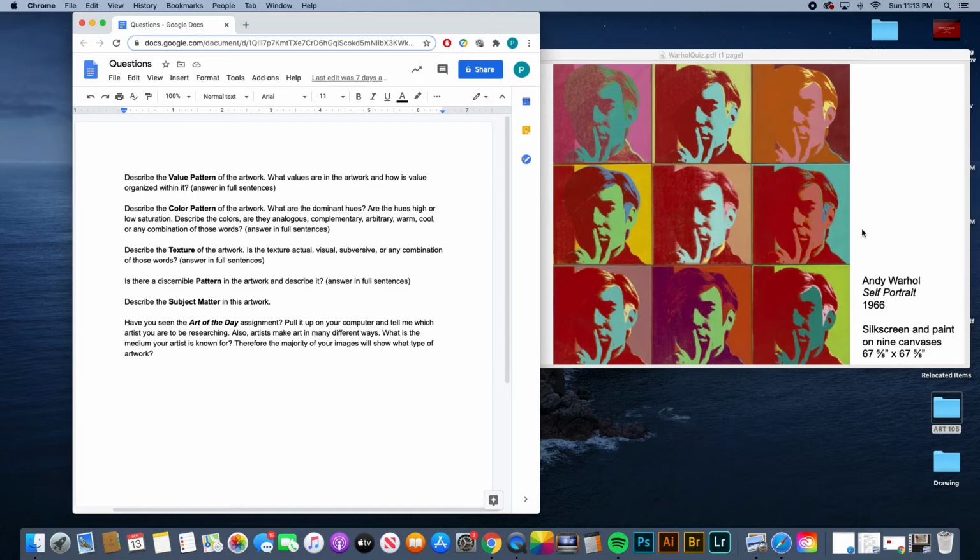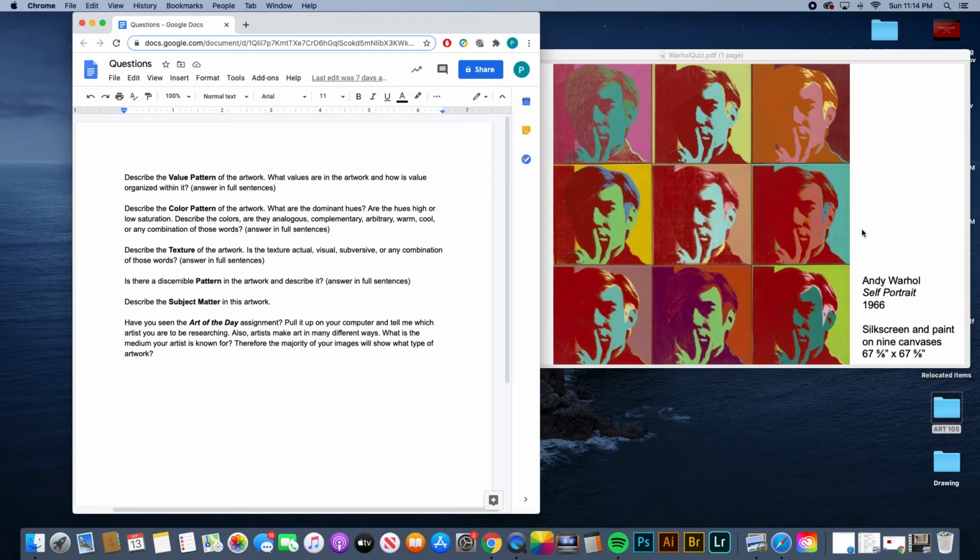I mean, if the colors were complementary with this red, we'd be seeing a lot of green. I would describe the colors more as arbitrary colors. They're warm, they are arbitrary, and saturated, and the artwork is organized pretty evenly with warm, saturated, arbitrary colors across the whole thing.